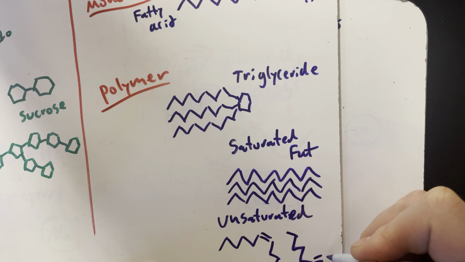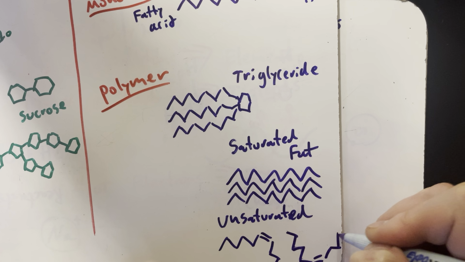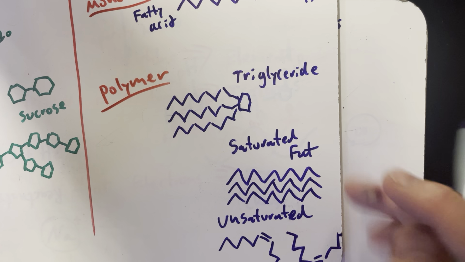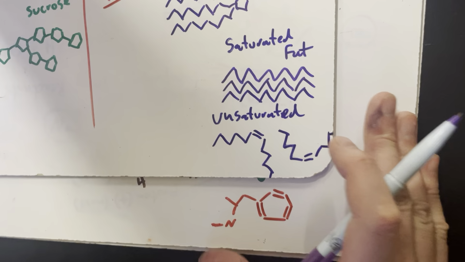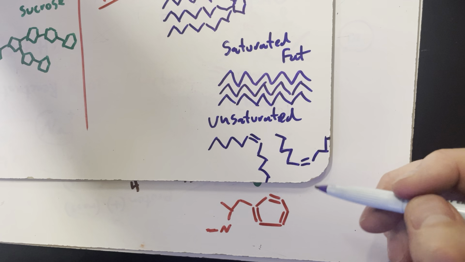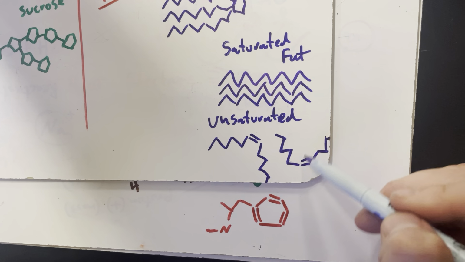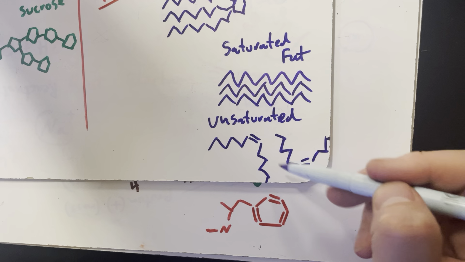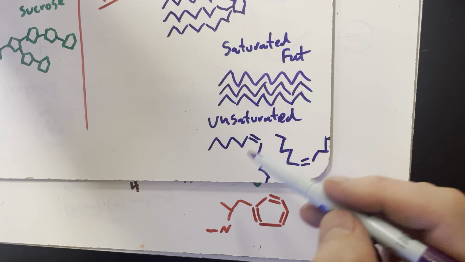It'll form a double bond, and then, you know, so the unsaturated fat molecules, do they clump together nice and tight? No, they're more likely to be loose and flowing. So these are the ones that won't clog your arteries, or the olive oils of the world.